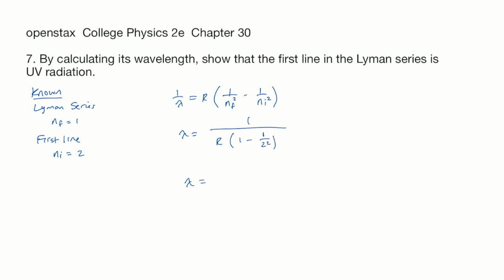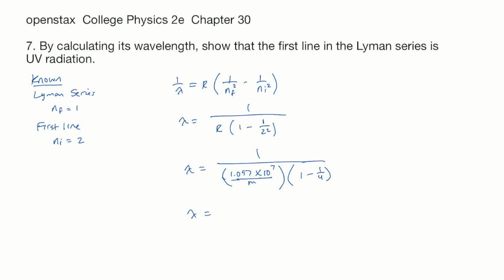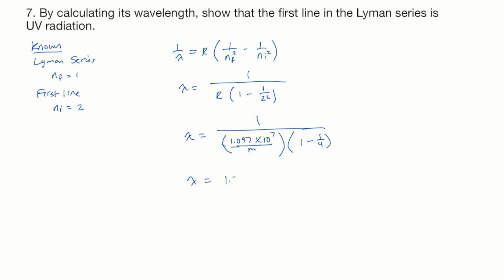Okay, so we better put in the R now: 1.097 times 10 to the 7, and it is per meter. And we have 1 minus 1/4. This gives a wavelength of 1.22 times 10 to the minus 7 meters.